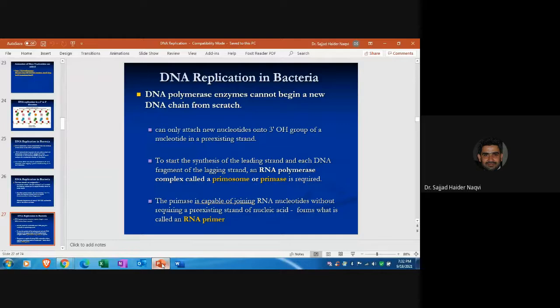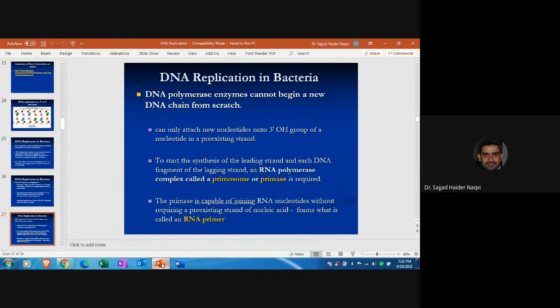So what is the solution? It can only attach a new nucleotide on the 3' end of a pre-existing strand. What does that mean? The DNA polymerase enzyme requires a small pre-existing strand of nucleotides upon which it can add one nucleotide. So you got my point? The DNA polymerase cannot join two nucleotides right from the beginning.